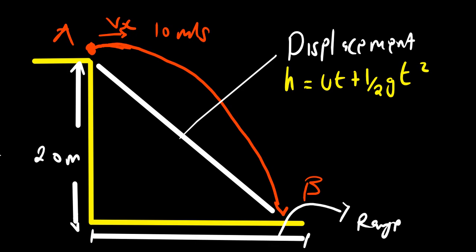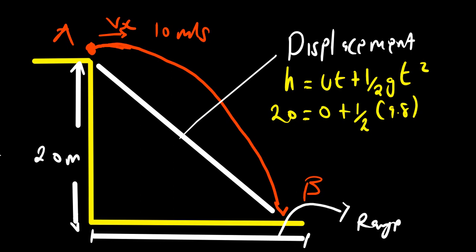Your height in this case is 20, equals your initial velocity in the y direction, which is 0, plus half the acceleration due to gravity. The projectile is going downward, so it will just be positive 9.8.